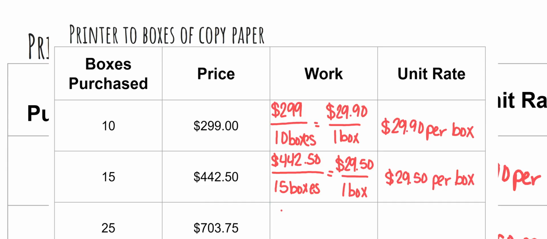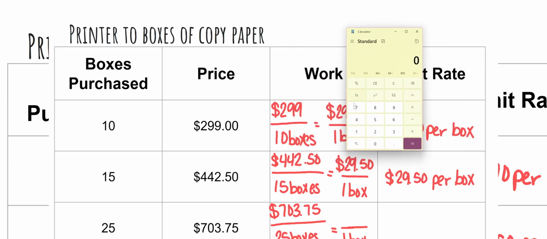All right, and finally now we have $703.75, but that is giving us 25 boxes, and I want to figure out how much one box costs. Okay. So we're going to get our calculator.